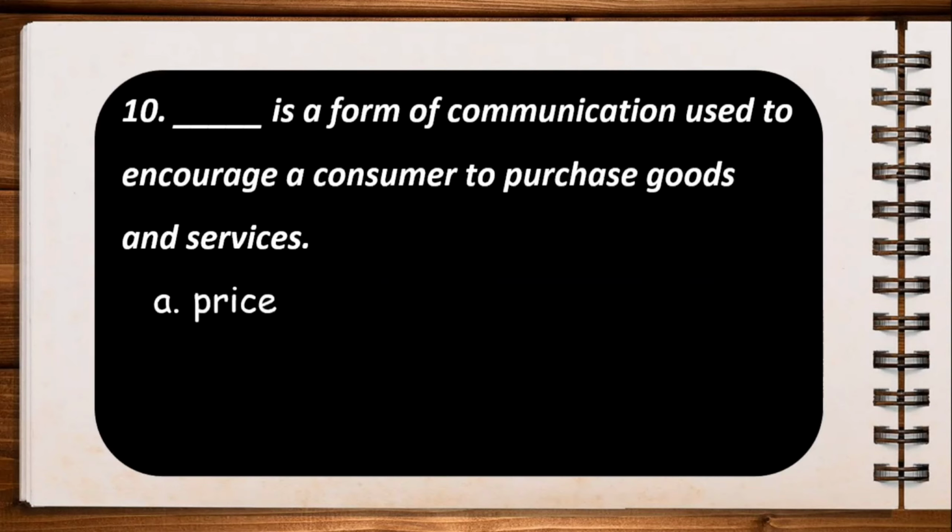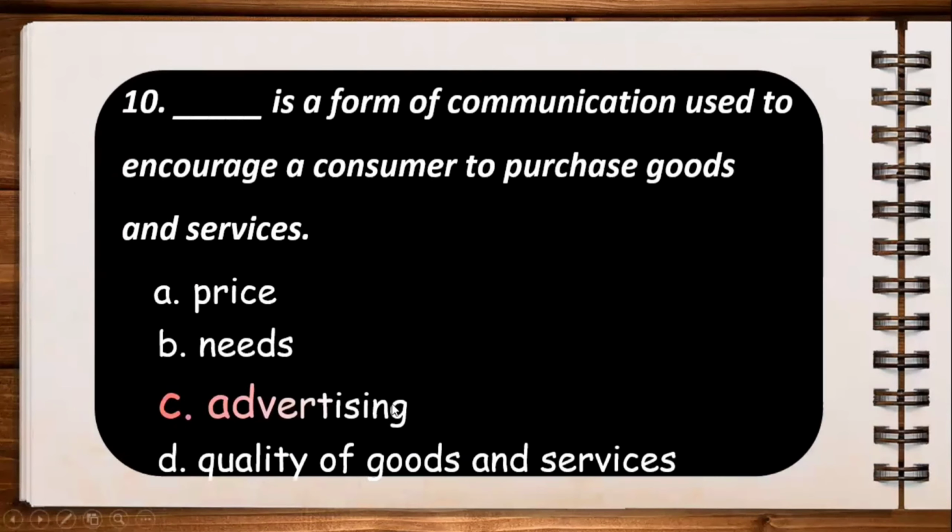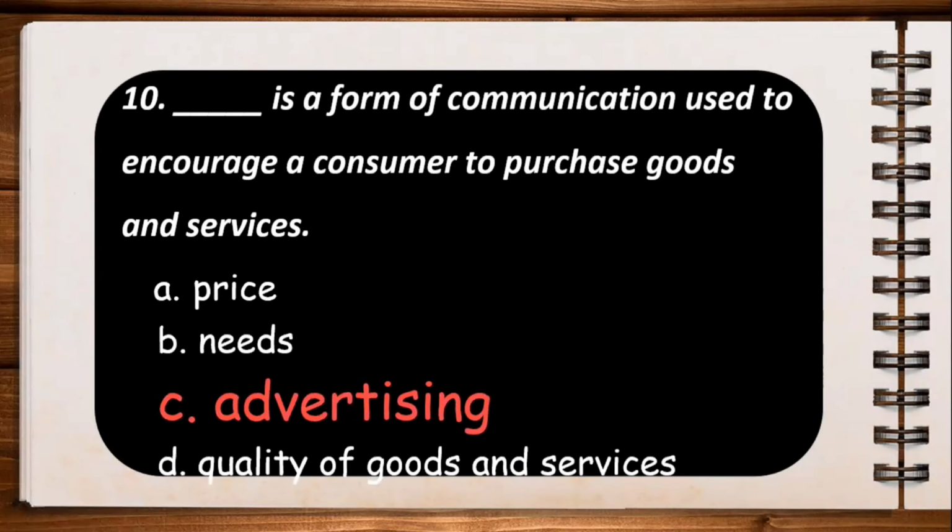The answer here is A, price, B, needs, C, advertising, or D, quality of goods and services. From the word ads, the answer is advertising, letter C. Advertising is a form of communication used to encourage a consumer to purchase goods and services.